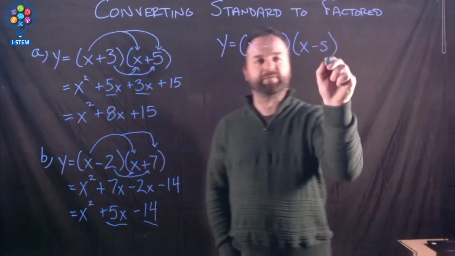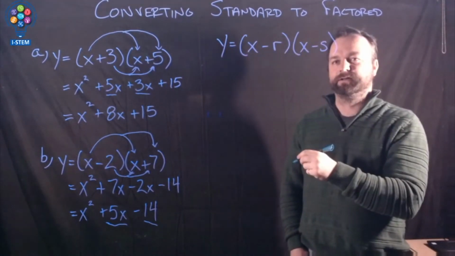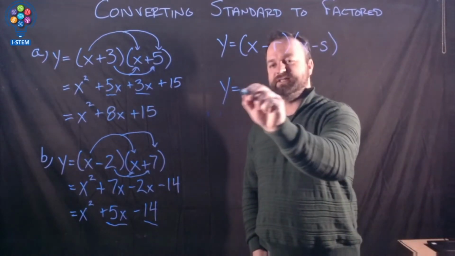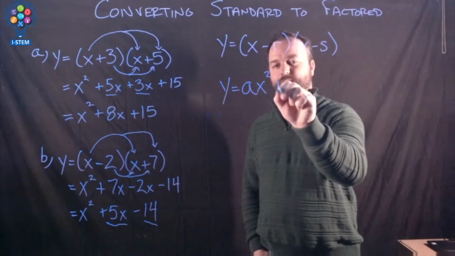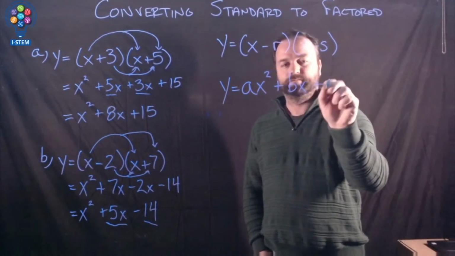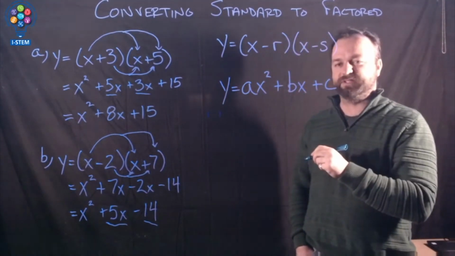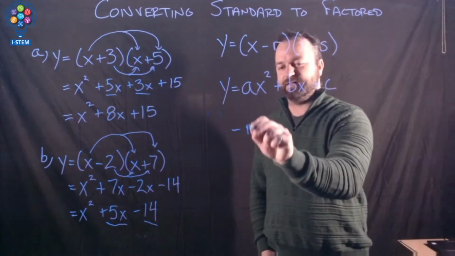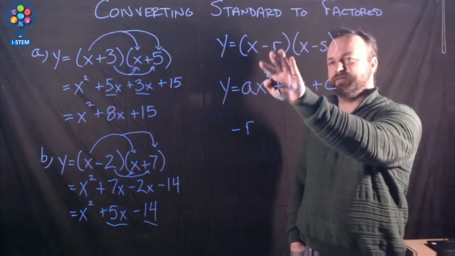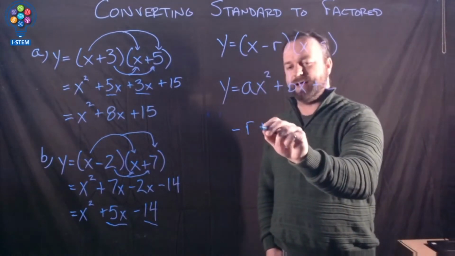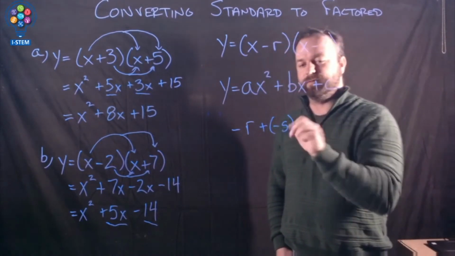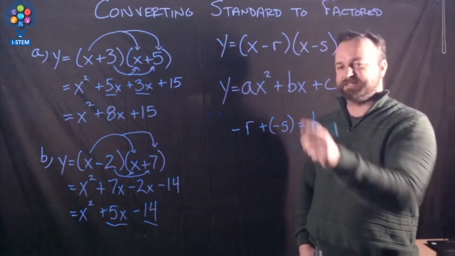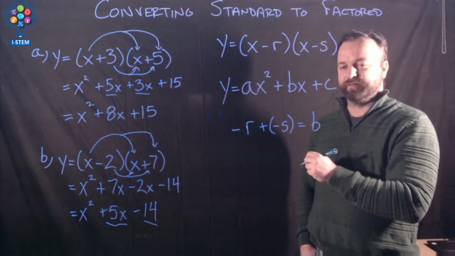So when I'm going from factored form, and our generic factored form is x minus r times x minus s, and I'm changing this into standard form, which is ax squared plus bx plus c, James is saying that if you take the r value, whatever that number is, and you add it to the s value, whatever that s value is, it always has to be the coefficient of the middle term.